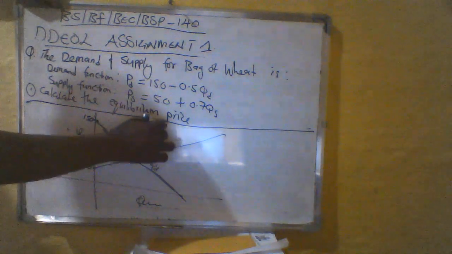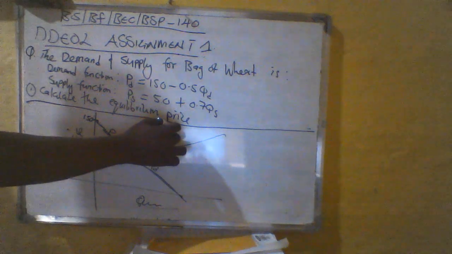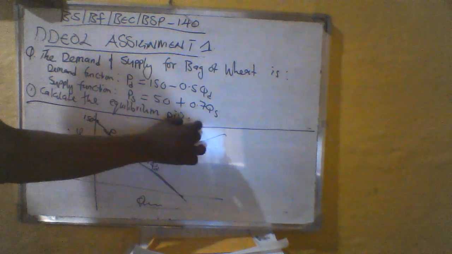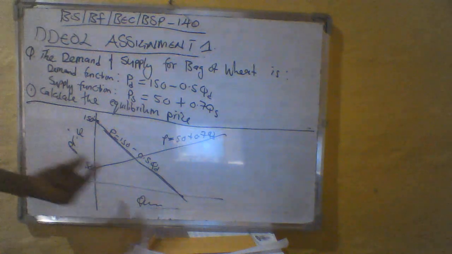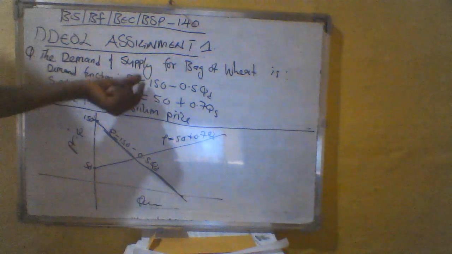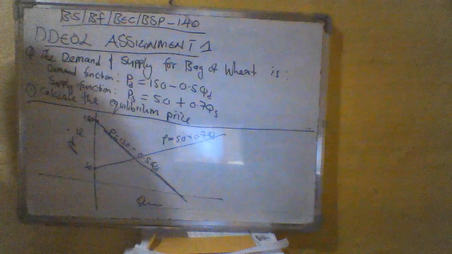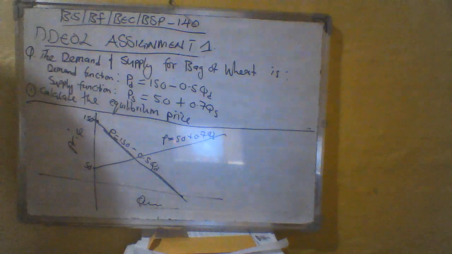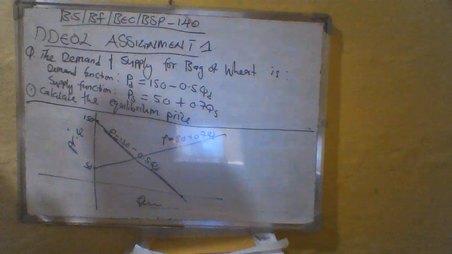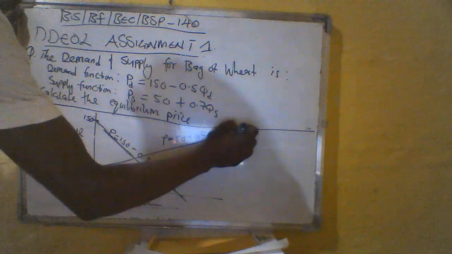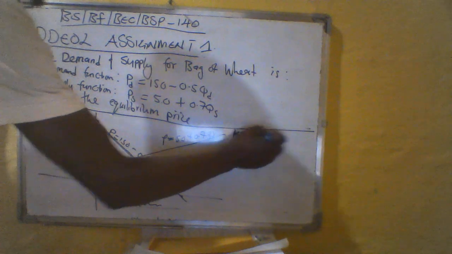This will be your supply function, 50 plus 0.7 QS. So when both the demand and the supply function are sketched on a graph, we are simply saying that when we are in the market, there will be a point where we can conclude that we are at market equilibrium.